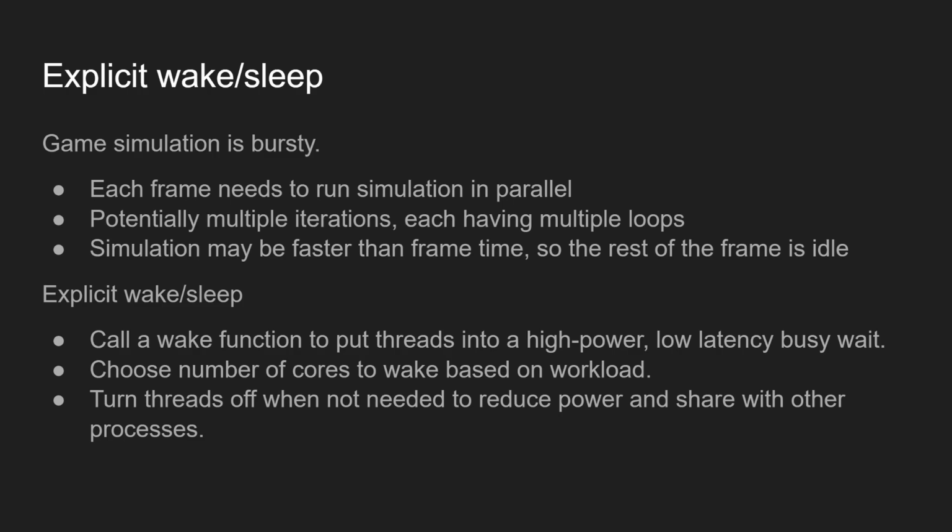If it's latency sensitive, then I'll just wake the low latency cluster of cores. Then, as soon as the parallel work is done, I can tell the threads to go to sleep to relinquish processing power to other processes that may be wanting to run, or if there's nothing running, then simply not to be burning power for no reason. Again, since I know exactly when I have finished my parallel work, I can put the threads to sleep immediately.